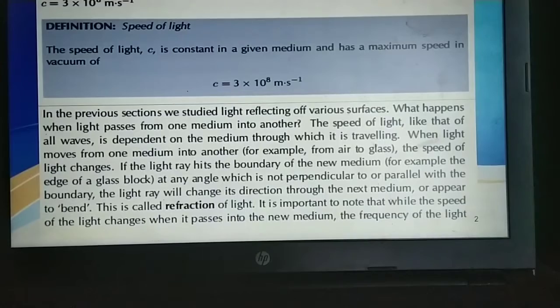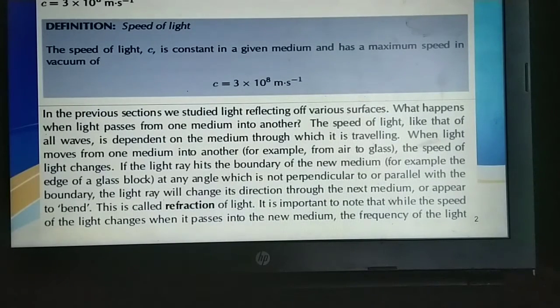8 meters per second. So in the previous study, we learned more about light reflecting off from various surfaces, and when the light passes through one media into another, we learn more of what happened when a light strikes the surface and then it was being reflected and then forming an angle of refraction.